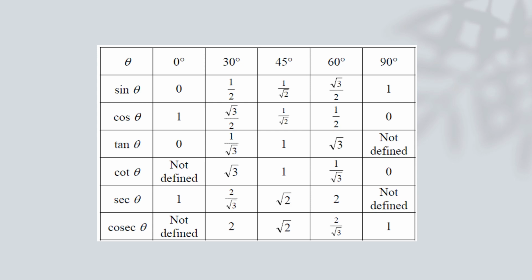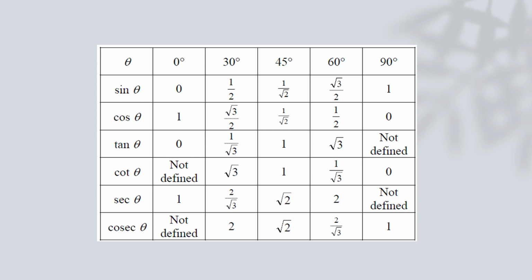For example, if theta is 30 degrees, then cos 30 degrees has a value of root 3 by 2. Similarly, if theta is 90 degrees, then cos 90 is equal to 0.